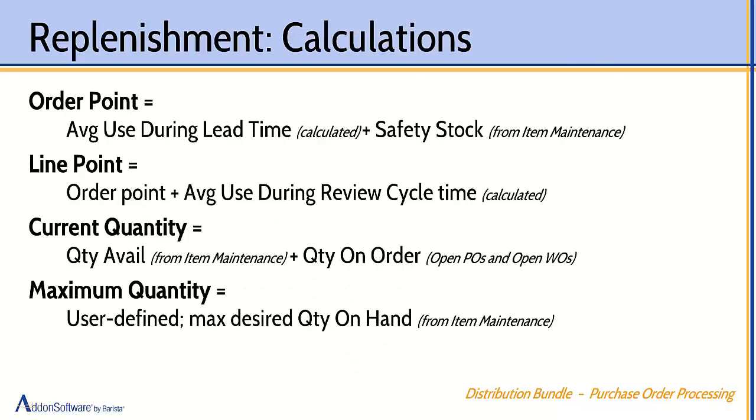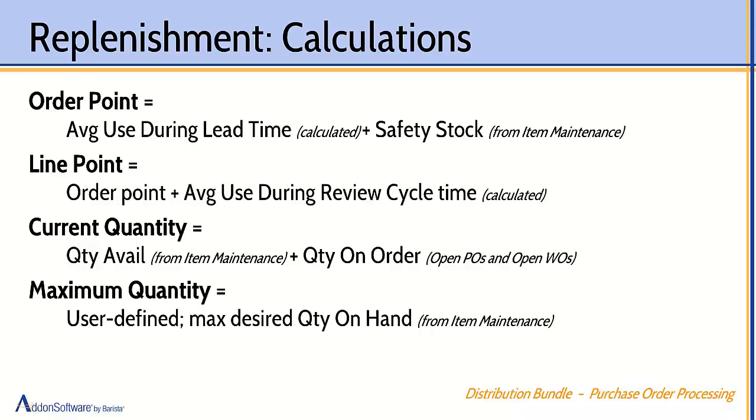So more replenishment calculations: order point is the average use during lead time, which is calculated, plus the safety stock, which comes from item maintenance. Line point is the order point plus the average use during review cycle time.